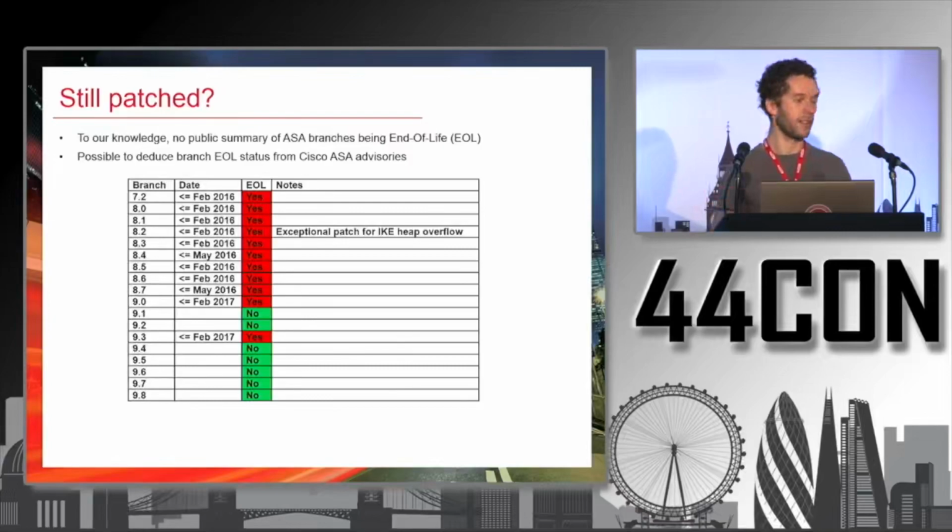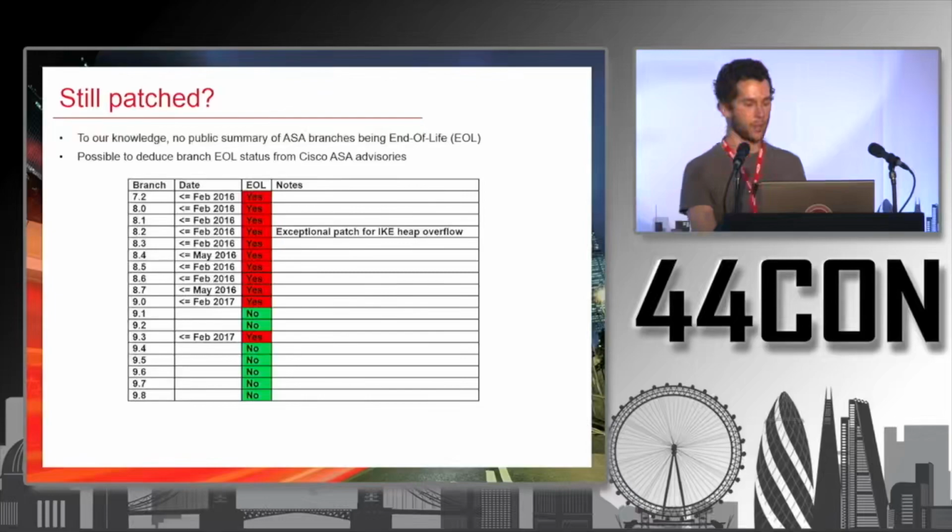So if a new bug arrives, you're screwed. For versions above 9.1, you're okay, except 9.3. I honestly don't know why 9.3. Maybe they have long-term branches, and some branches that they don't support for a long time.